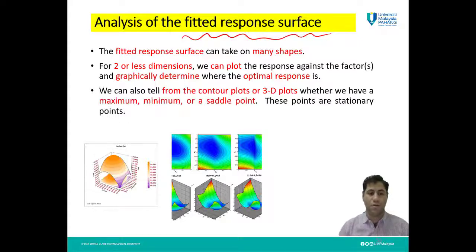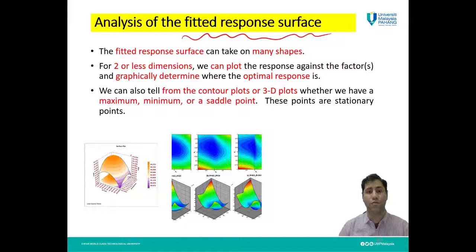Actually, these response surfaces will be something like what you can see in these different figures. In examples later, we will also see more of these surfaces. These surfaces can have different shapes, and not always can we get the maximum or optimum point in the surfaces.